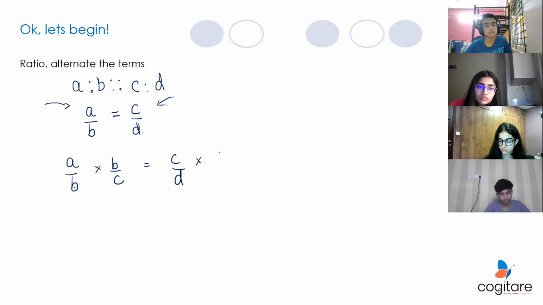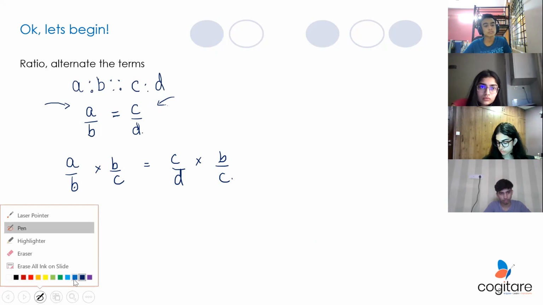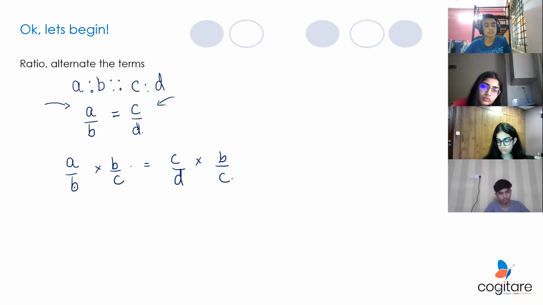Is that okay, Shruti? Yes, ma'am. It's like cross multiplying. No, I'm just multiplying both sides by B by C. I'm not cross multiplying it. By virtue of which these get cancelled. What am I left with?